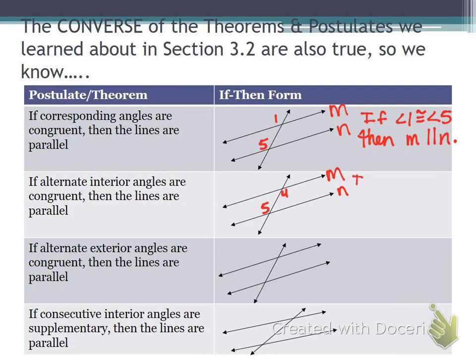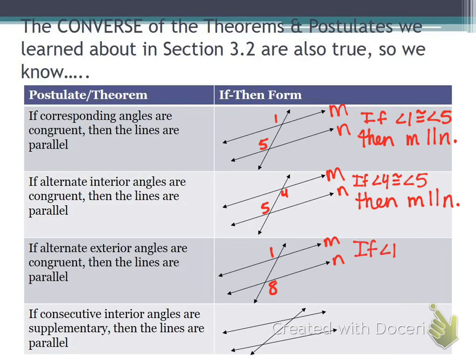So if angle 4 is congruent to angle 5, then M is parallel to N. All right, on the next one, if alternate exterior angles are congruent, then the lines are parallel.